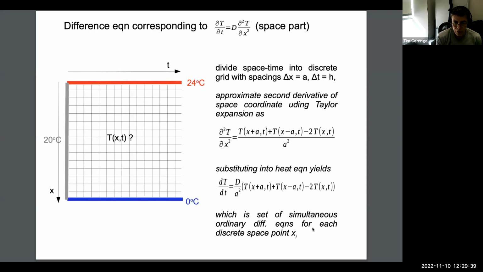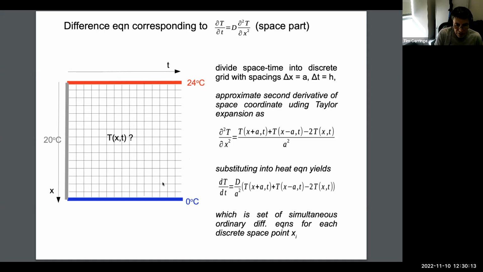Okay, so now I want to describe the reformulation of the partial differential equation, that is the heat equation or diffusion equation, as a difference equation. So as an equation that we can use in a discrete space-time where we don't have continuous space coordinates, we have discrete space points. Where we don't have a continuous time coordinate, we have discrete time points.